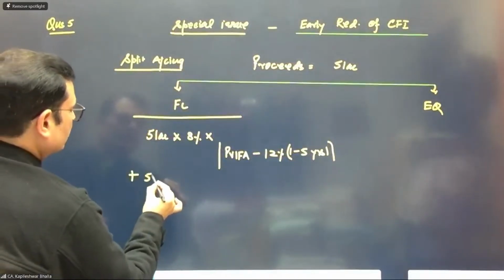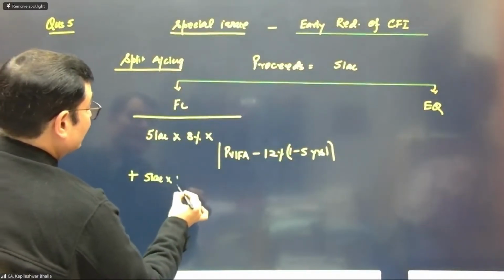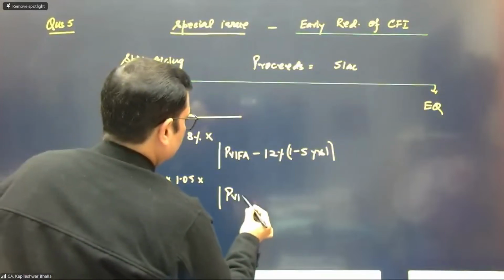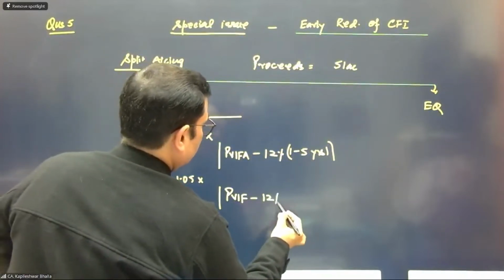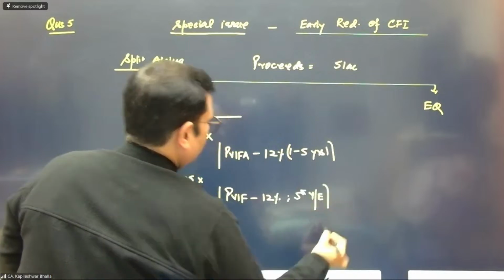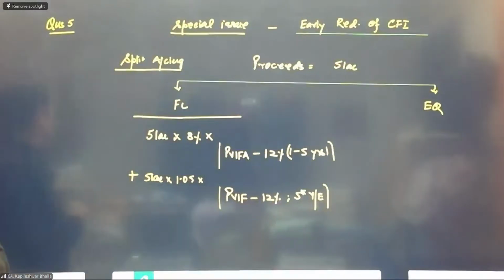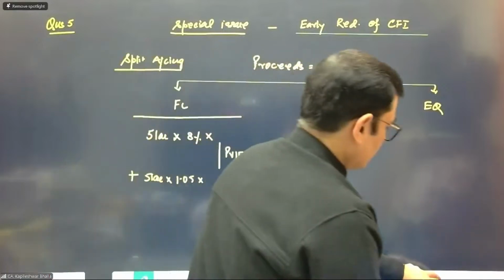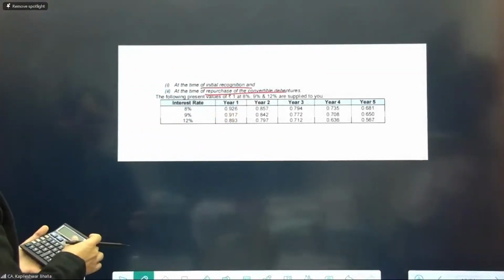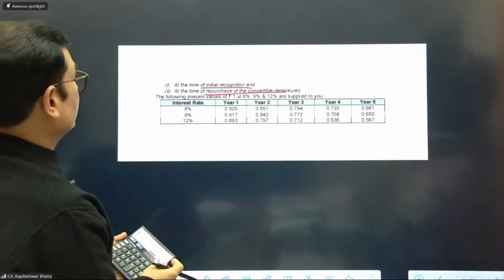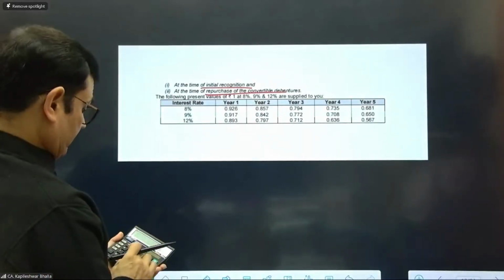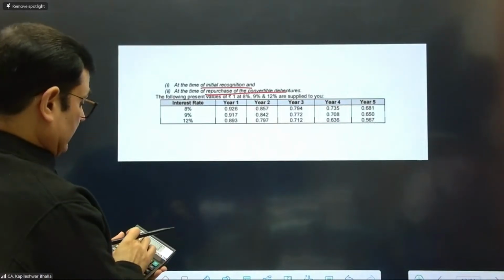Then there is going to be a redemption also at a 5% premium. We need a PVIF at the rate of 12%, which is the 5th year end. The discounting rates are already given in the question as well, so maybe we can pick that up. So let's see what the discounting rate at 12% is. 5th year end is 0.567. Let's take the cumulative.